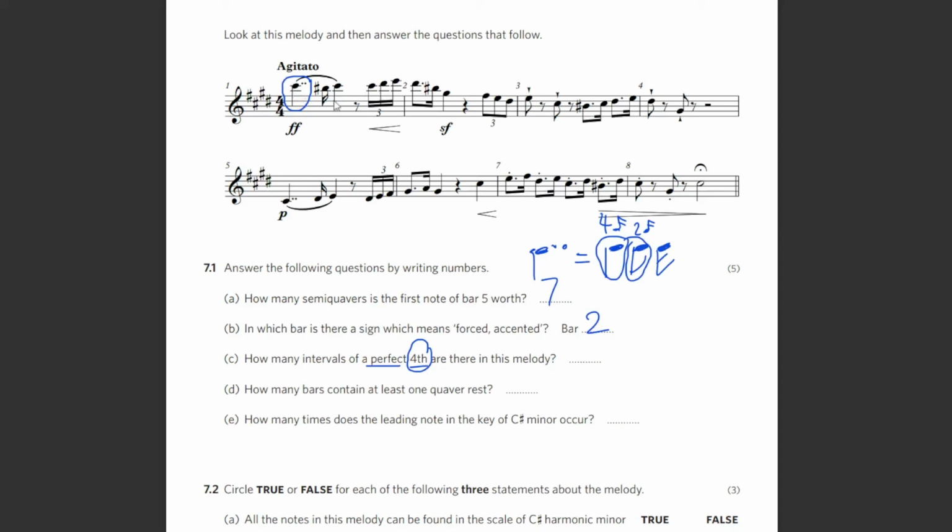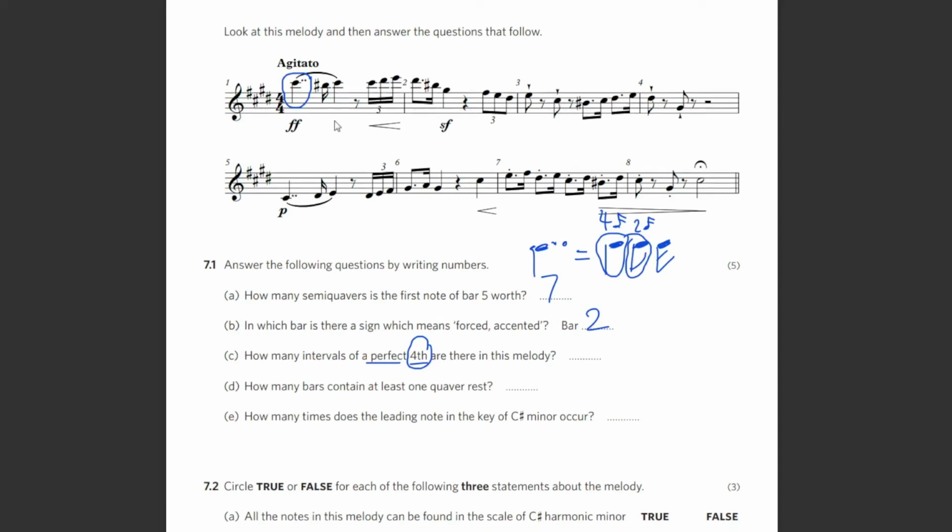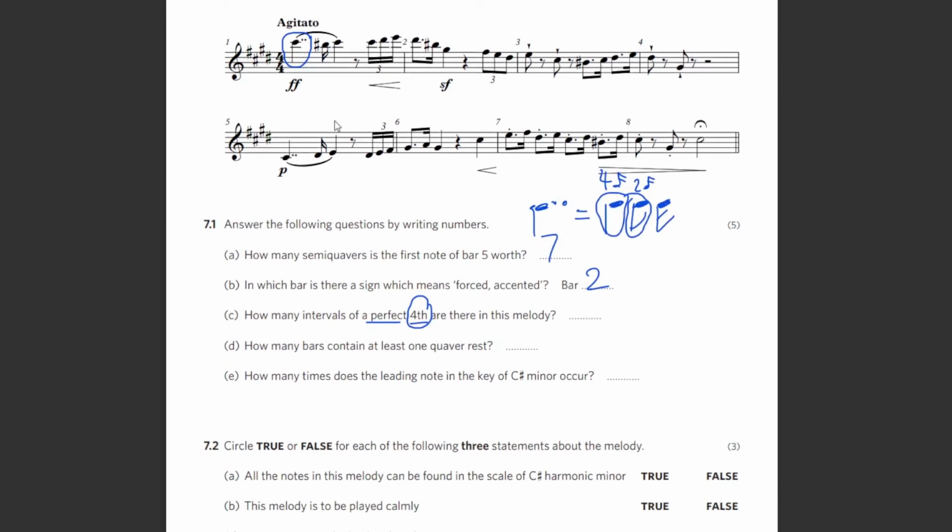So C to B is a second, B to C is a second, C to C is the same note, C to D a second, D to E a second, E to D a second, D to B is a third, B to C is a third, then second, second, second, second, third, second, second, second, second, second, fifth. Still not a fourth. Never mind, let's continue counting.